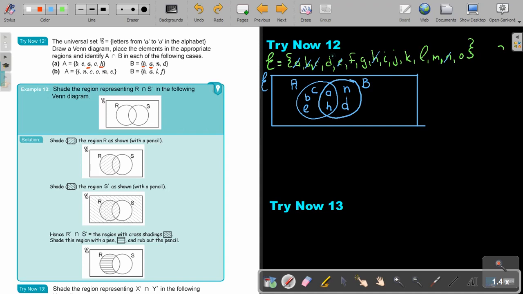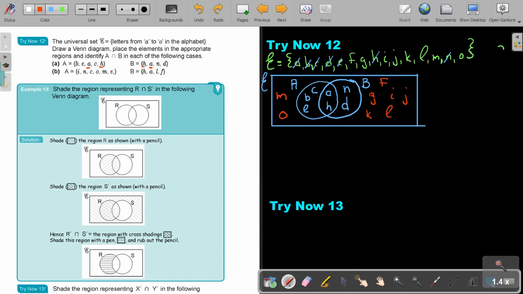Oh, let's see, D. Okay, and then what will be left? It looks like F. I'm going to use another color. It looks like F, G, I, J, K, L. You can put it even here, M, and the last one is O. 1, 2, 3, 4, 5, 6, 7, 8.